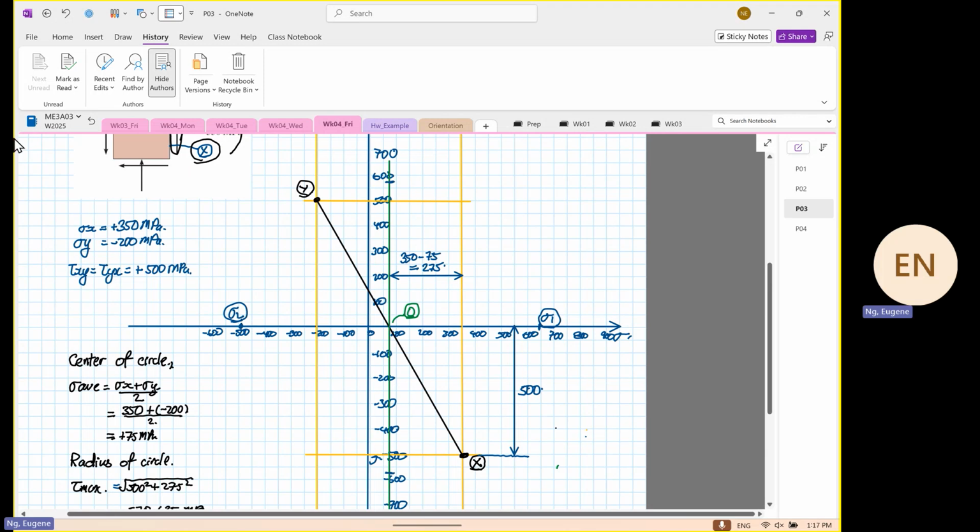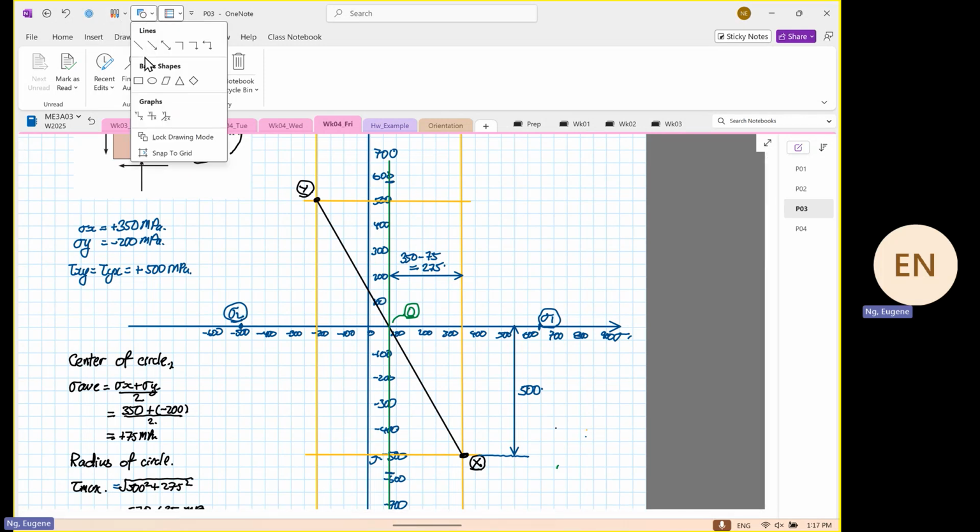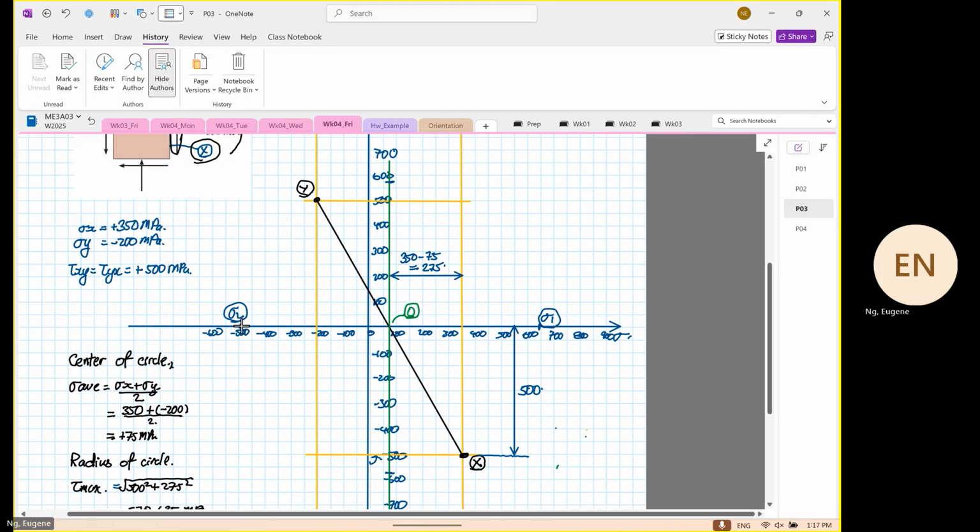From here, you use your mathematical set and you draw your Mohr circle. I have to draw it this way because I don't know how to use the function of the software. I found this is the best way of drawing Mohr circle on a computer.